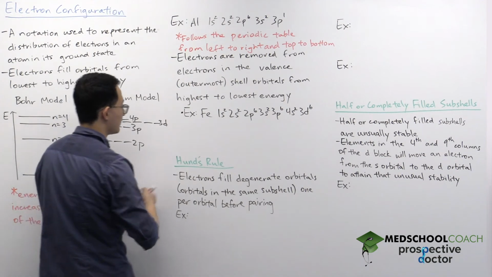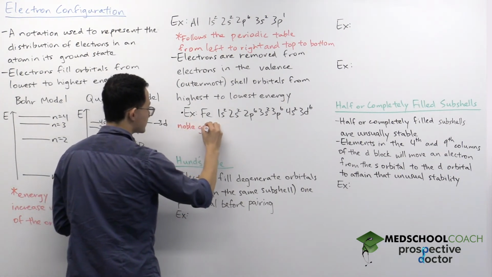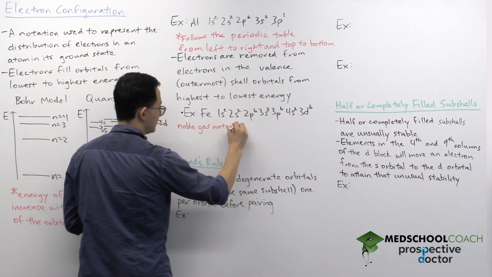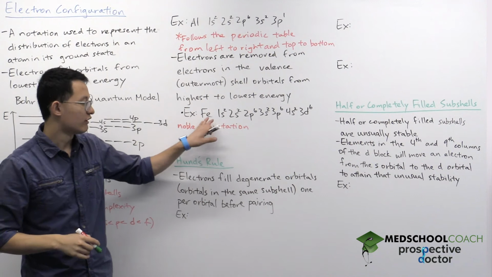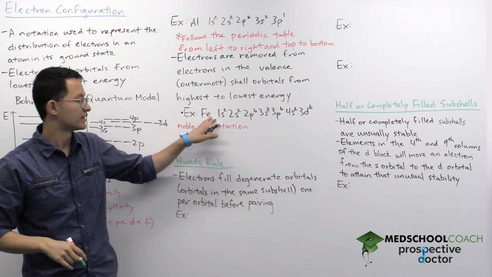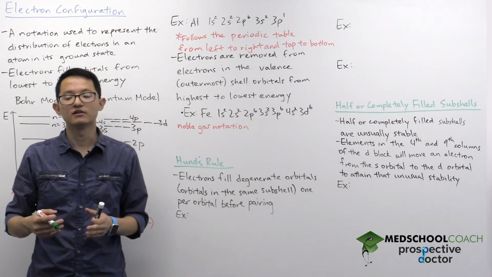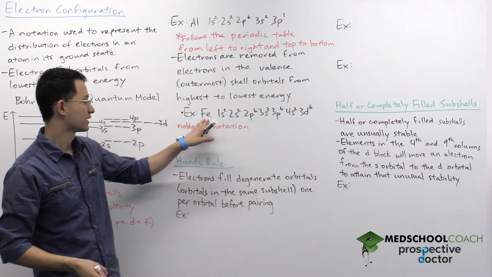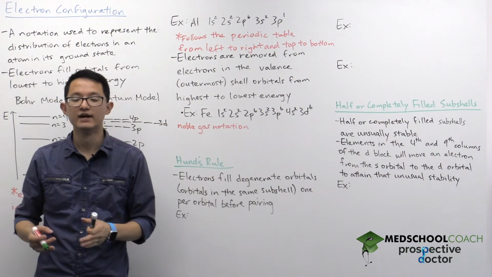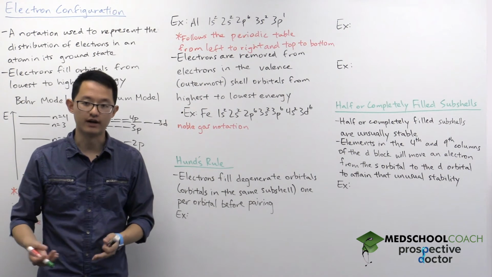So that's why we often have a shortcut where we use what is called noble gas notation. With noble gas notation, you will draw out the same electron configuration, but instead of starting with 1s every single time, you're going to look at the last noble gas before that element. If we take a look at the periodic table, the last noble gas before iron is argon.